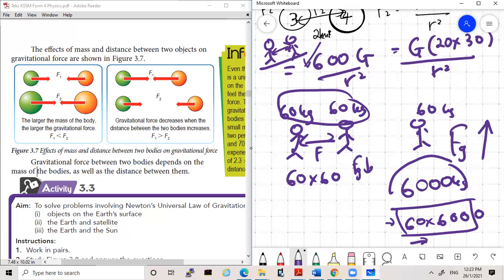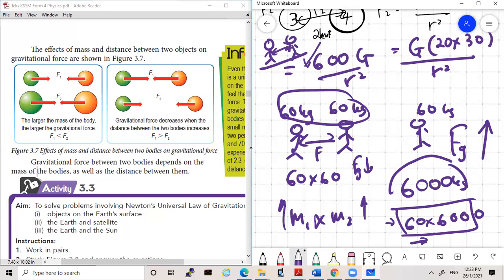So clearly, the gravitational force depends on the product of the masses, M1 and M2. If M2 increases, the product also increases. If M1 increases, the product also increases. Or both M1 and M2 increase at the same time, and of course the gravitational force will increase significantly.